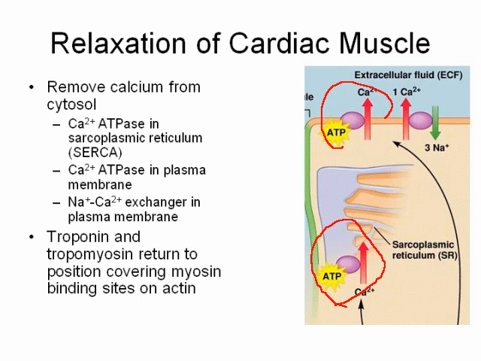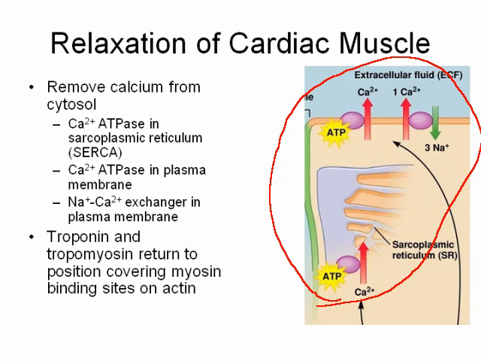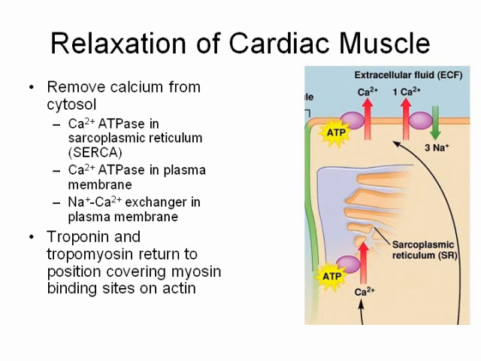That is our SERCA, the calcium ATPase, and the sodium-calcium exchanger. And then troponin and tropomyosin return to their normal resting position, covering the myosin binding sites. But this change in troponin and tropomyosin position is due to these three different calcium pumps in cardiac muscle, whereas the only one that we saw in skeletal muscle was, of course, the SERCA.